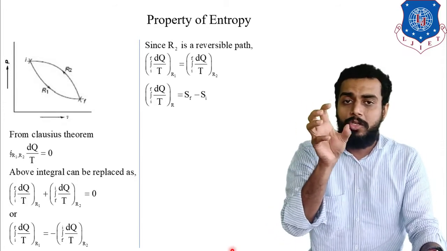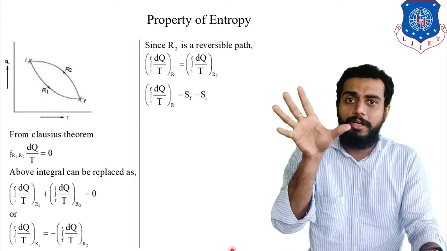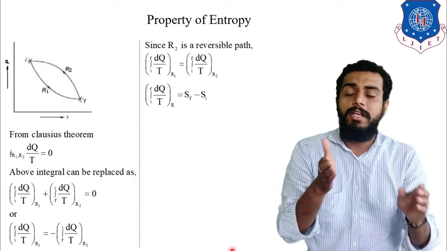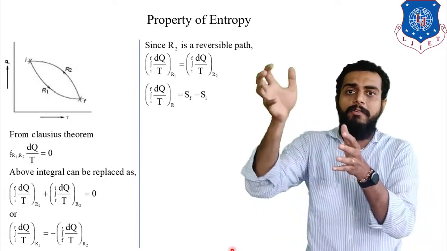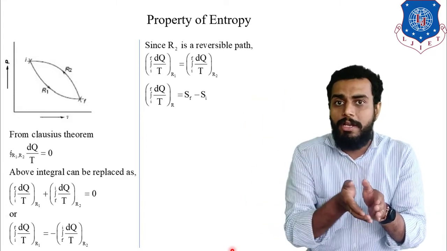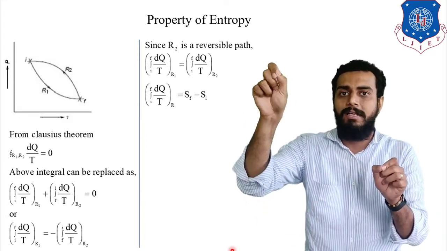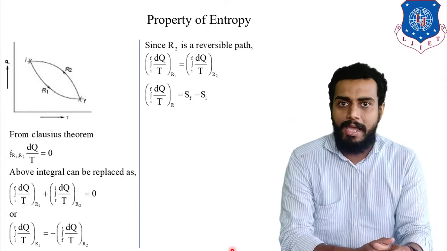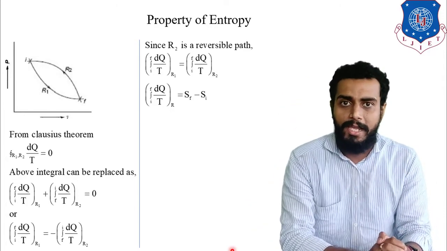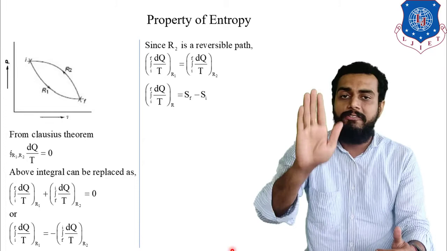So see, this dq by T, or integration of dq by T for a reversible path, will give us the change in the value of entropy between these two points, that is I and F. I hope everyone is clear. So that is how we can define it.